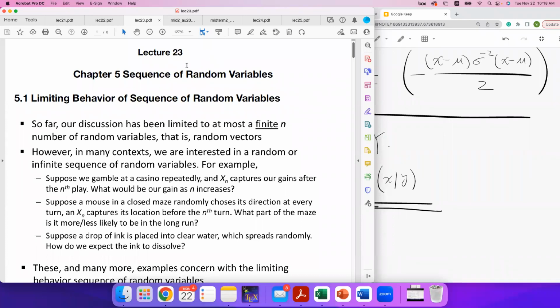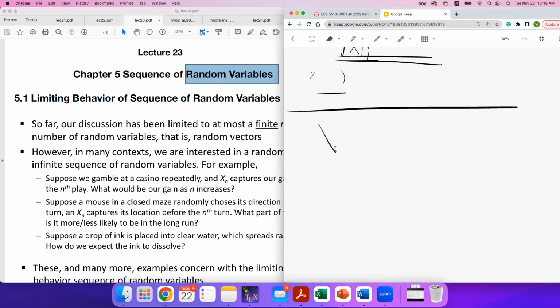The motivation is that a random variable is defined as a function, right? A random variable X is a mapping from an outcome to a real number. So it is a function. And for functions in calculus, we care about basic properties like continuity or limiting behaviors, limits basically. Here we are going to do the same thing: look at the limiting behavior of a sequence of random variables.